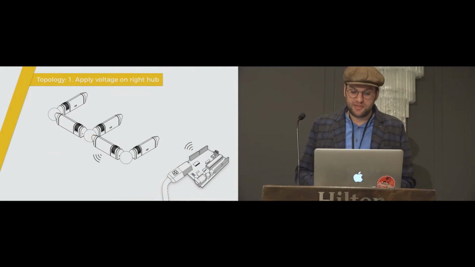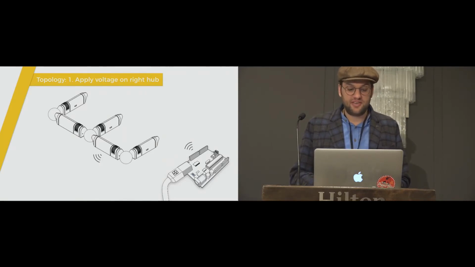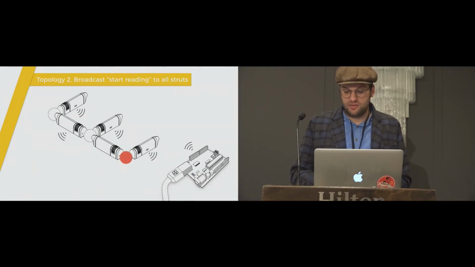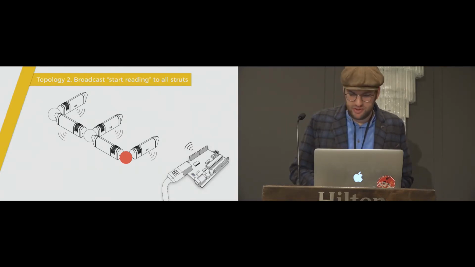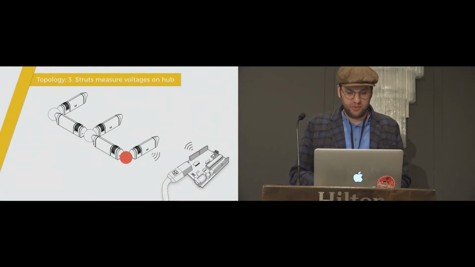Then the cycle repeats, and it will apply a voltage. The central node says apply a voltage on the right side of your node, and the central node says start reading on all struts. By doing this, we can build up our topology information.